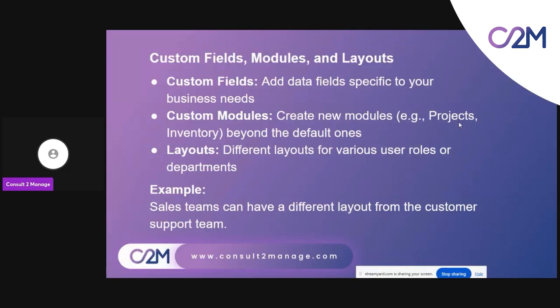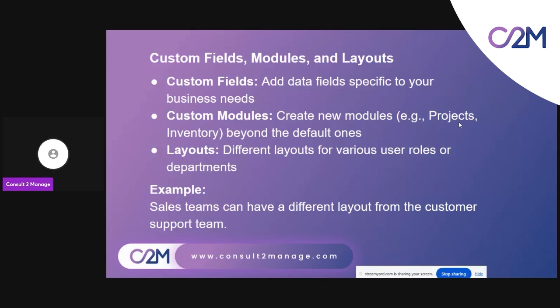Now, first, custom fields, modules and layouts. This is the very basic level of CRM customization. Custom fields are data fields you can add into your CRM. With custom modules, you can create new modules. Let's say the sales module or the leads module is not workable for you, or you need a module before the leads module as well, so that you can keep a record of lead sources and of all the interactions.